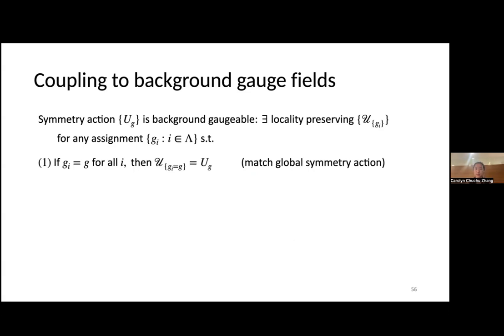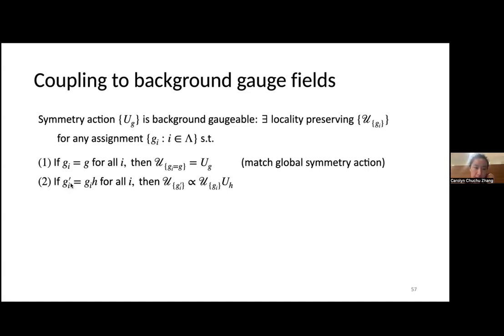So in order to do that, we say that a symmetry action is background gaugeable if there exist locality-preserving unitaries, these curly U's. And these curly U's are a function of each of the group elements on each of the vertices. And this lambda is just our lattice, such that if Gi is equal to G for all of the sites, then this locality-preserving unitary is just your global symmetry action.